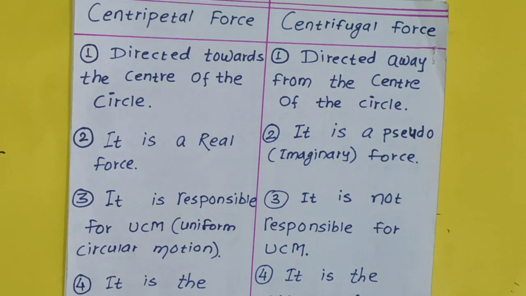Centripetal force is a real force, whereas centrifugal force is a pseudo force, meaning it is an imaginary force. Centripetal force is responsible for uniform circular motion, whereas centrifugal force is not responsible for uniform circular motion.